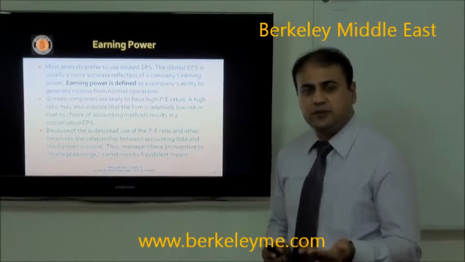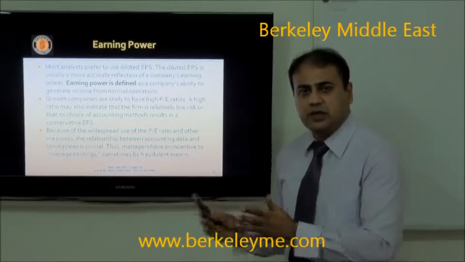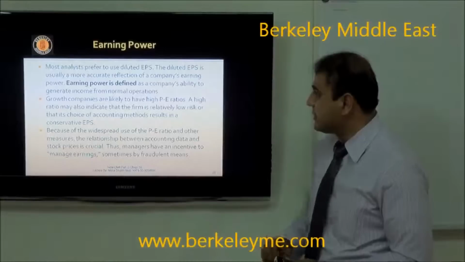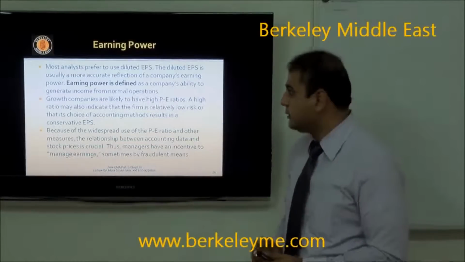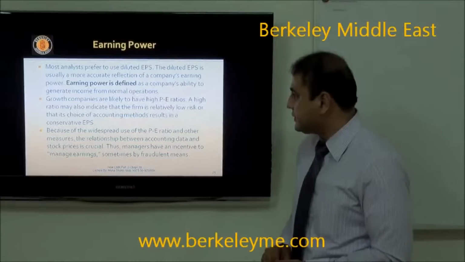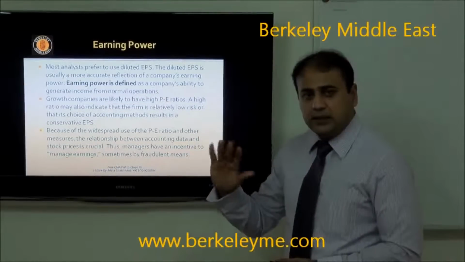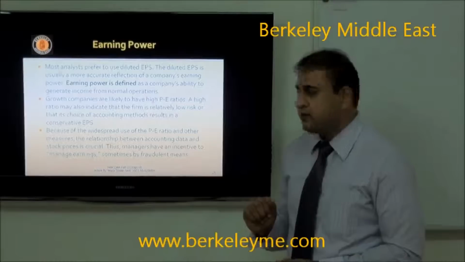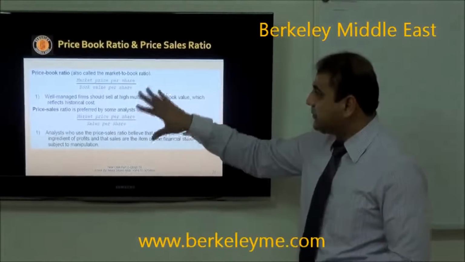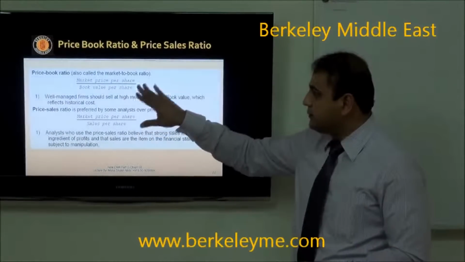That's why from EPS we exclude the preference stock. Earning power is defined as the company's ability to generate income for normal operations. From diluted EPS, we subtract the preference stock.